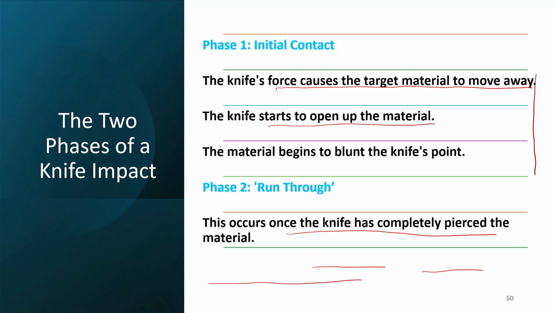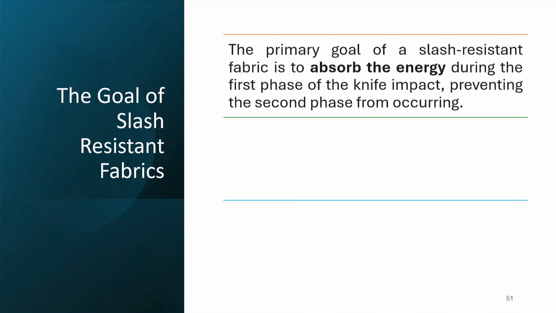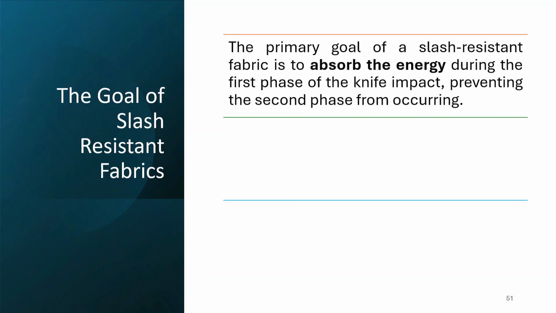So, at the initial contact it should absorb the maximum energy during the first phase of knife impact, and prevent the second phase from occurring. So, for slash resistance, the knife should not penetrate. The clothing's main function is to prevent the knife from penetrating, so that the second phase does not occur.